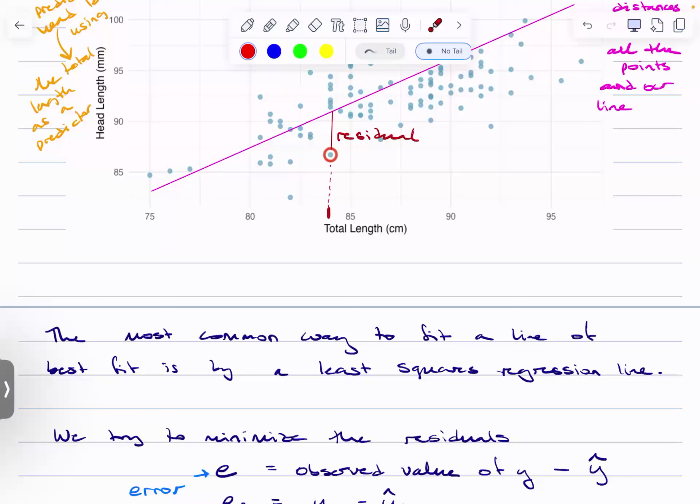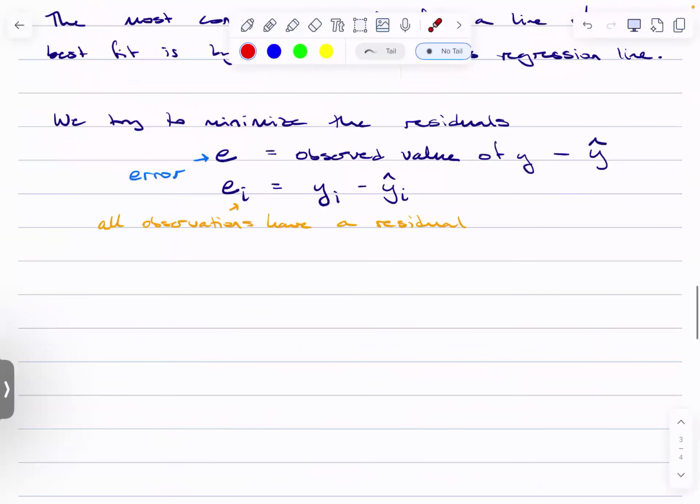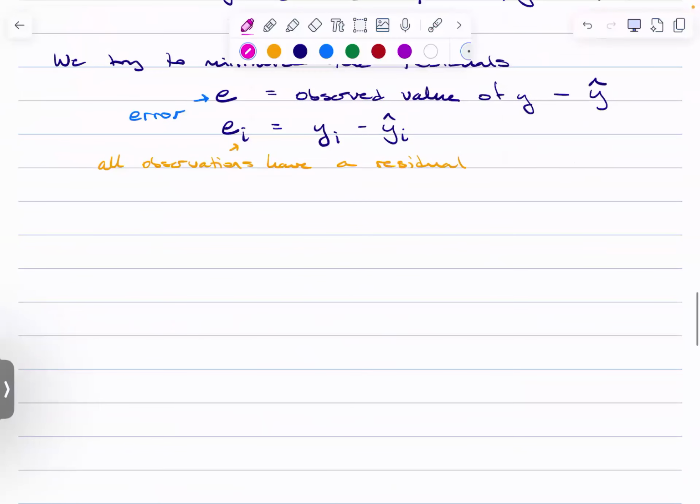And so that leaves us nowhere. That's a problem. A little fun fact, because we're trying to find a line that minimizes all these residuals, the residuals will add to 0. It's just how we've constructed our line.